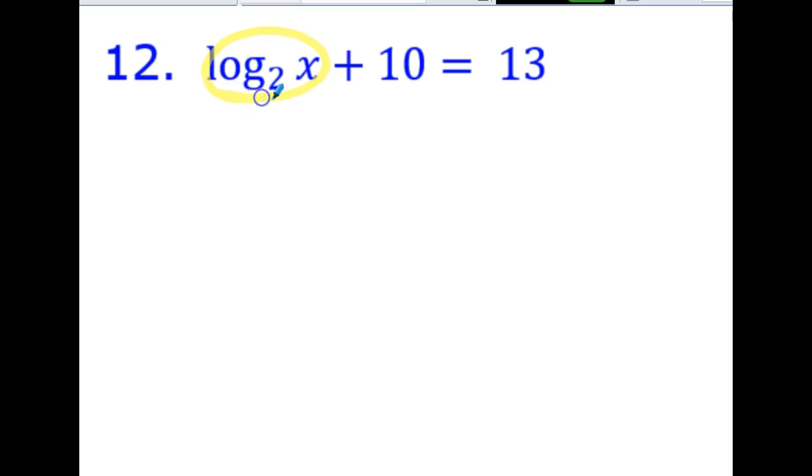Solve this, I need to isolate the log. I need to get one log by itself, so what am I going to do with the 10? Subtract 10 from both sides.